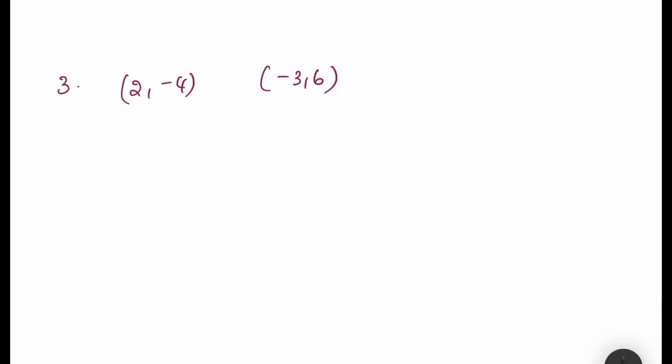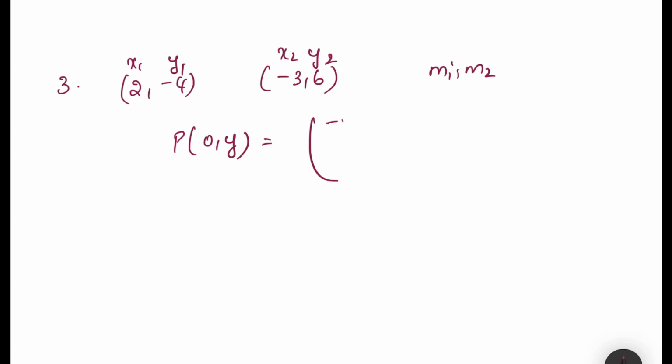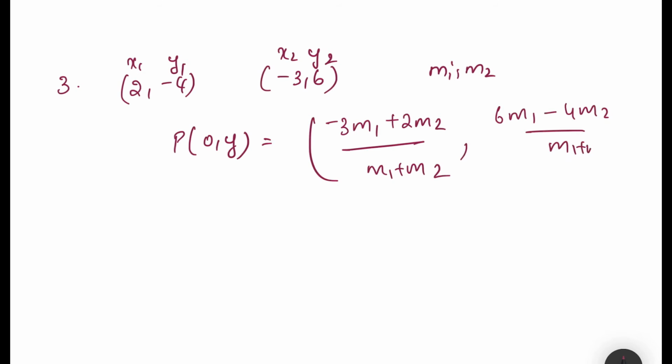Again, it's the y-axis, so P will be (0, y), and again x1, y1, x2, y2. m1 and m2 are the ratio, not known. So the value will be (minus 3m1 plus 2m2) by (m1 plus m2), and here you have (6m1 minus 4m2) by (m1 plus m2).